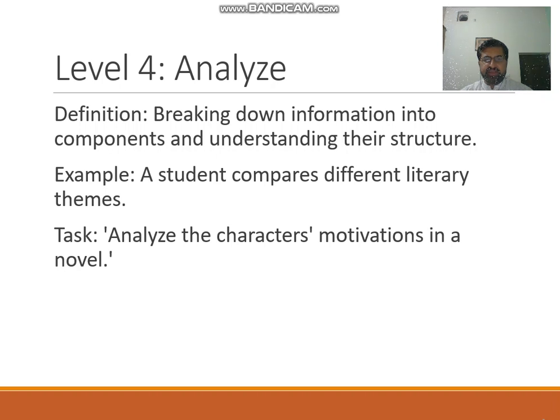Number four level is analyze. It means breaking down information into components and understanding their structure. For example, a student compares different literary themes. Its task is to analyze a character's motivation in a novel.